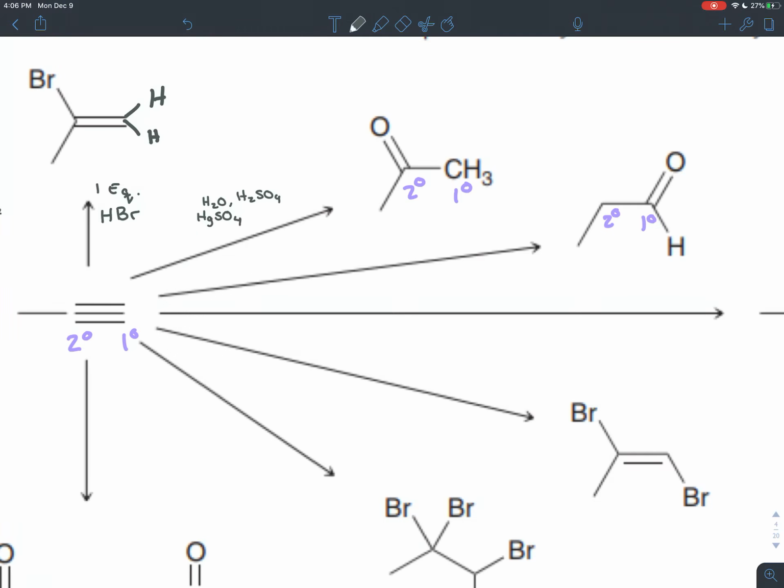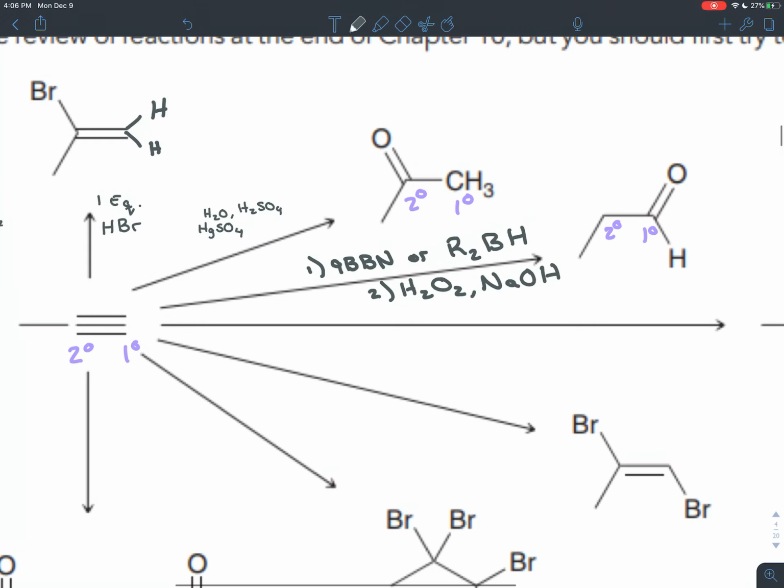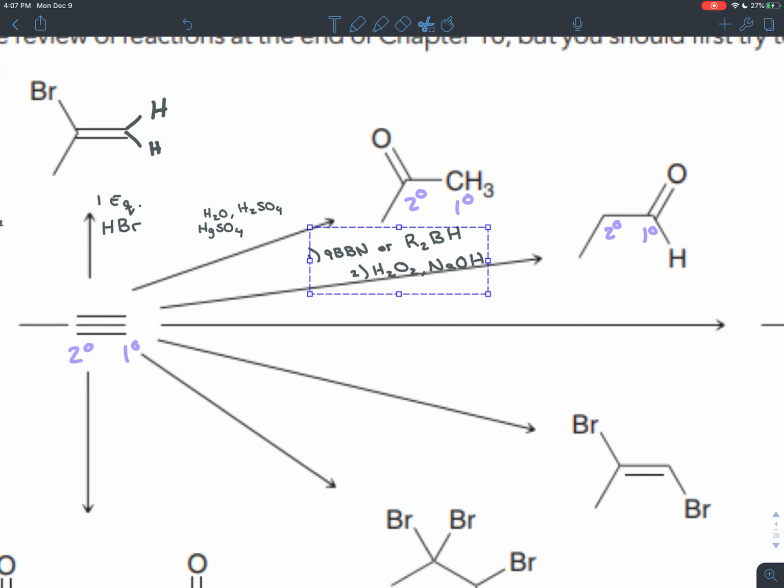hydroboration oxidation. Now, in the first step, you could either use 9-BBN or any dialkyl borane, so R2BH, any of those would work. Once you do that, the second step is the standard H2O2 and NaOH. So that's the recipe for hydroboration oxidation. And that would give you this transformation. Now at first you'd form an enol.